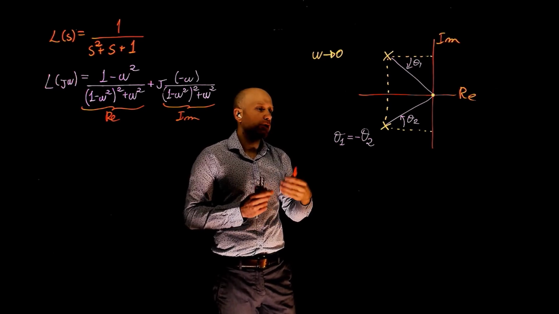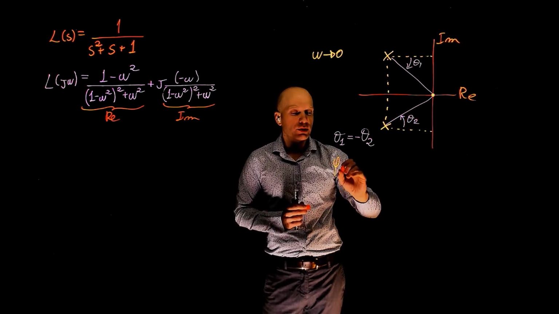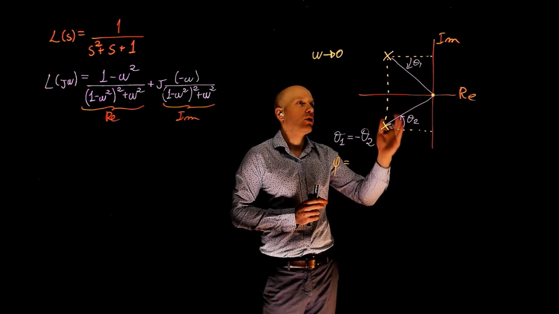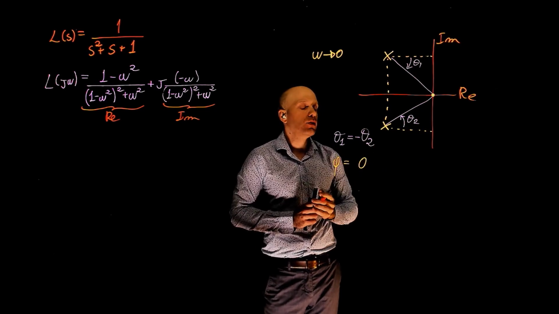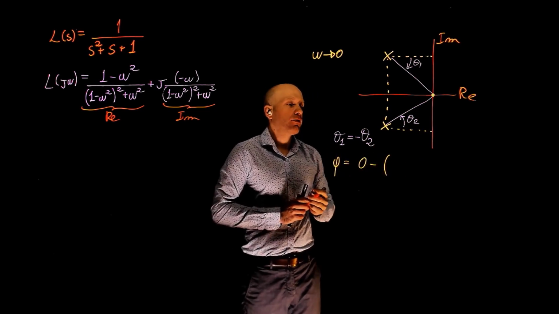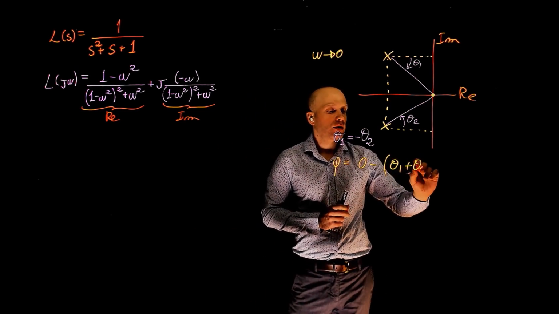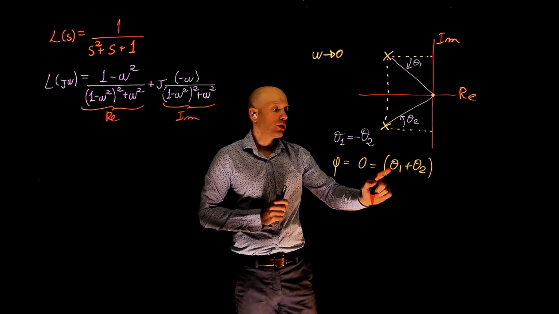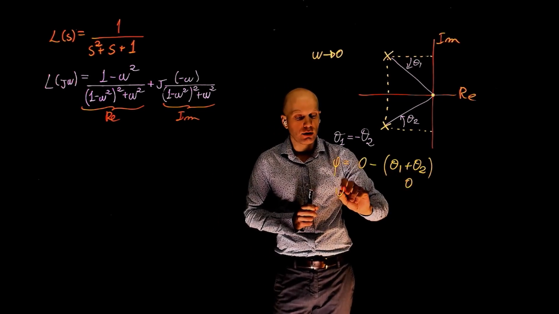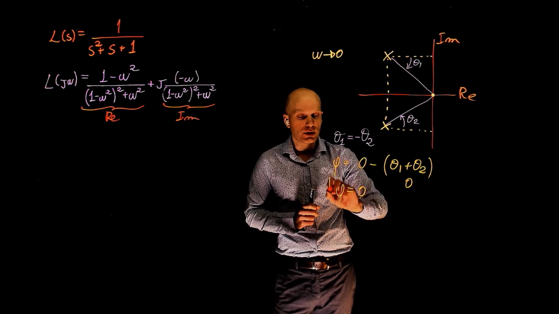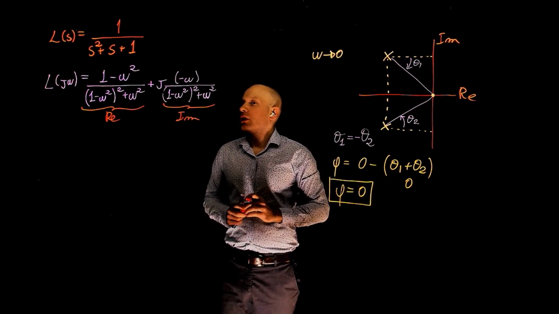We can now calculate the phase of the entire transfer function when omega tends to 0 as the sum of angles of all zeros, in this case there is no zero, so that's 0, minus the sum of angles of all poles, which is θ1 plus θ2. Because θ1 equals -θ2, this is 0, so the angle of the transfer function is 0.